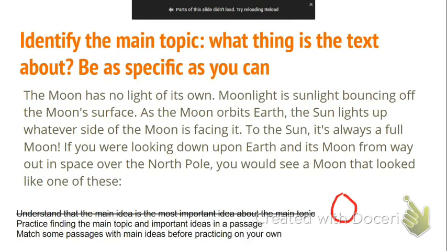What's the main topic? The main topic here is moonlight, or the moon's light. So, what's the main idea? What's the most important idea about the light that hits the moon?